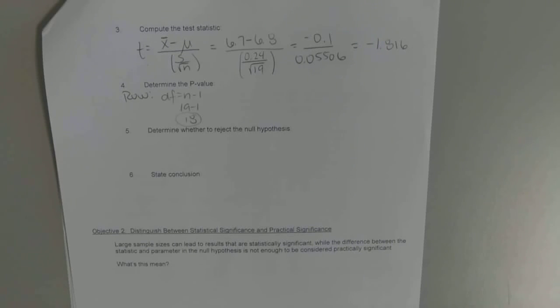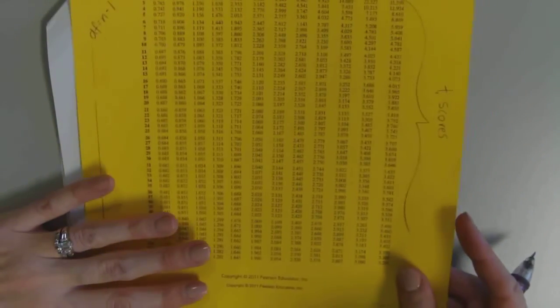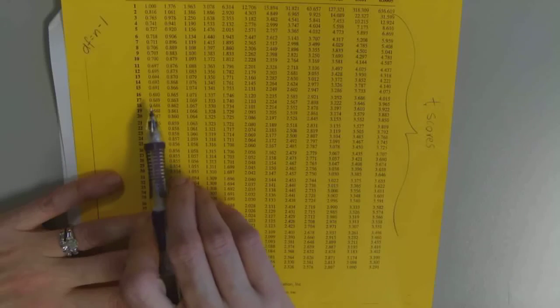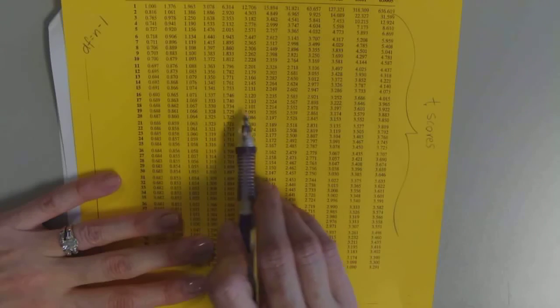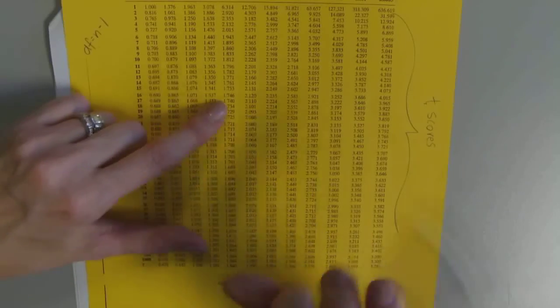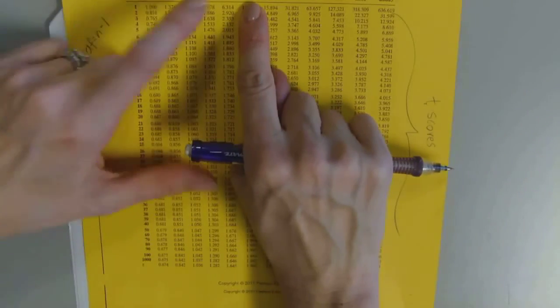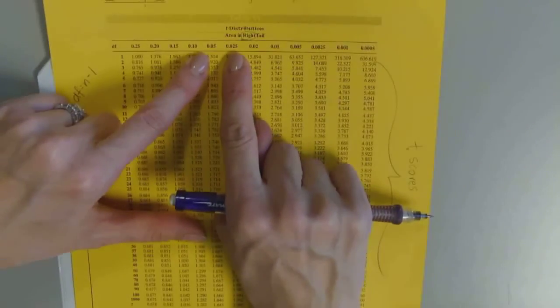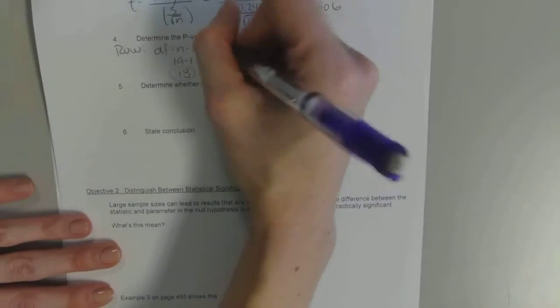I don't care about the negative. These two, does that look right? 1.734 and 2.101. So what are the two p-values? 0.025 to 0.05. I'm going to write all that down.